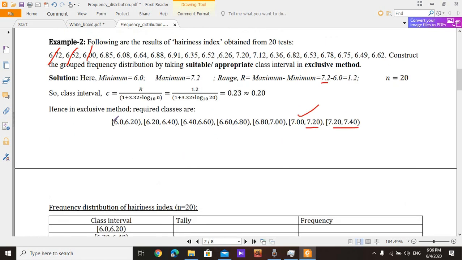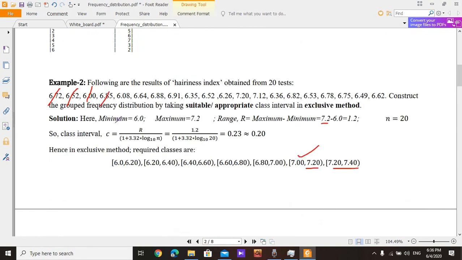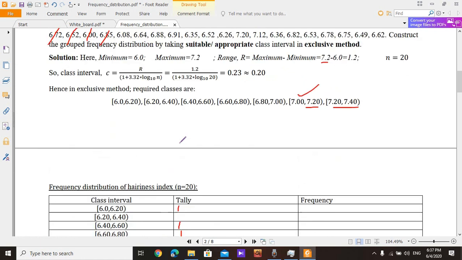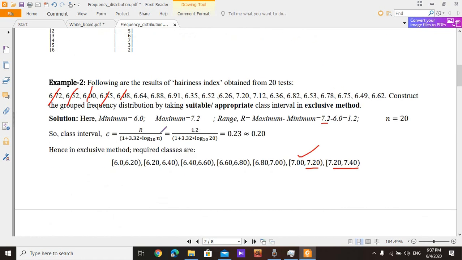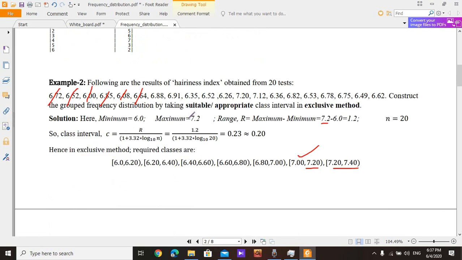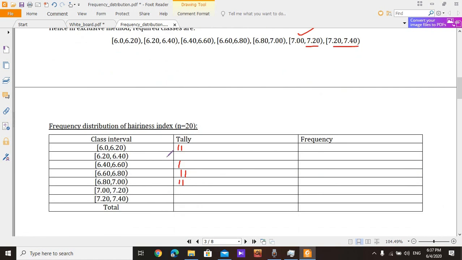Then 6.785 will fall in this class. 6.08 will fall in this class. 6.64 will fall in this class. 6.88 will fall in this class. 6.91 falls in this class.